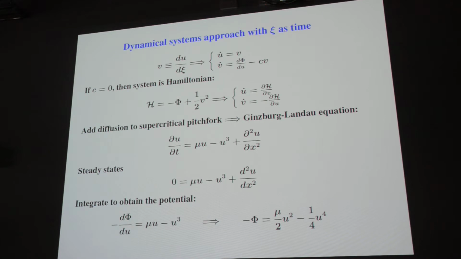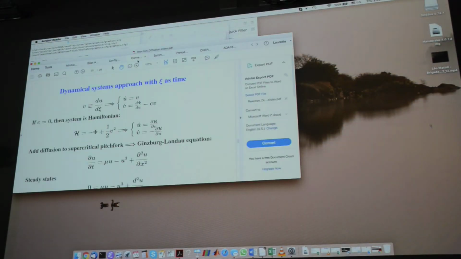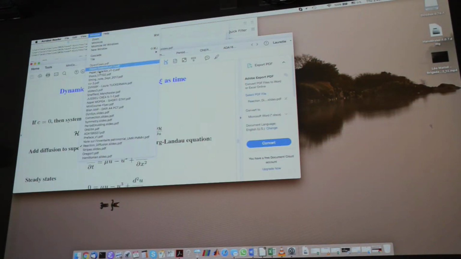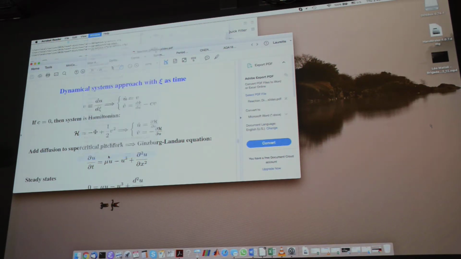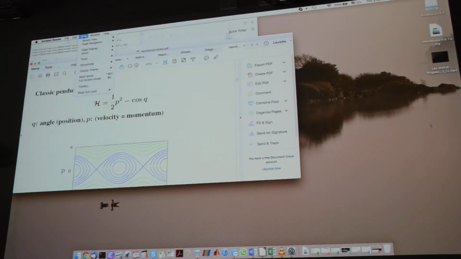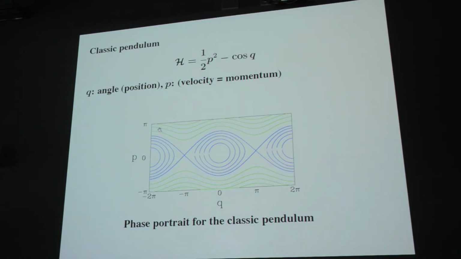Let's see, so we go back here, and we know the fixed points for the pendulum. We've studied the pendulum fine. We know that there are two kinds. One of the fixed points is down here, right? And what happens if you perturb it, it swings, right?